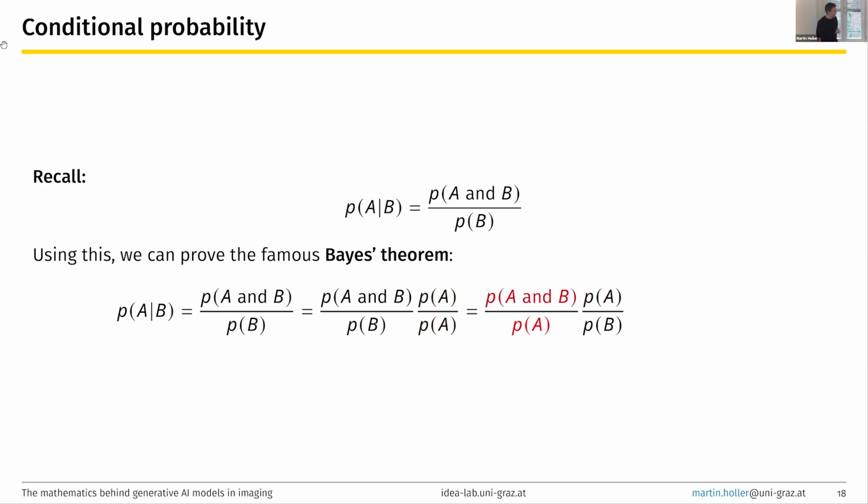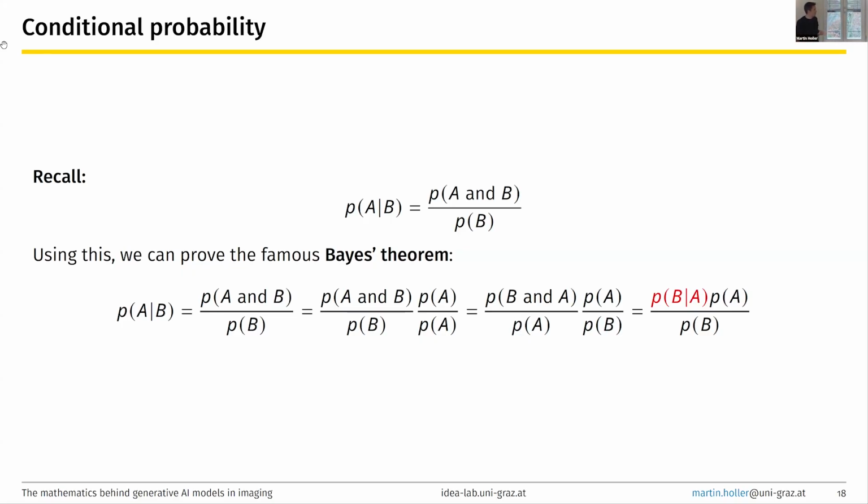And now I look at this first term and observe that the probability of A and B is obviously the same as the probability of B and A. It doesn't matter in which order I formulate this. But now if I look closely again at this first red term, I see that this is now the probability of B given A. So we have exchanged the roles of A and B. We started with the probability of A given B, and now we have arrived at the probability of B given A, and we have two more factors here to explain this change.